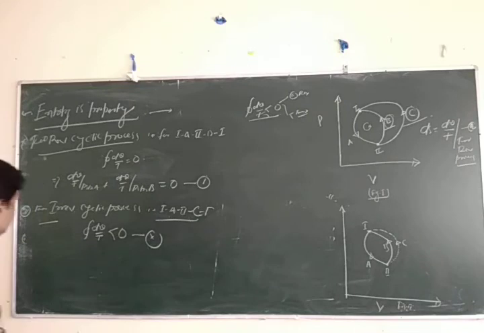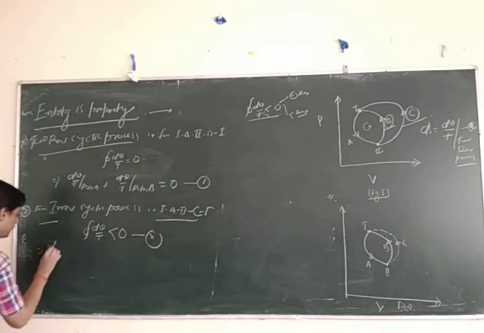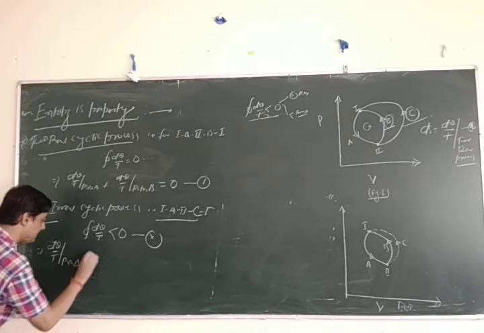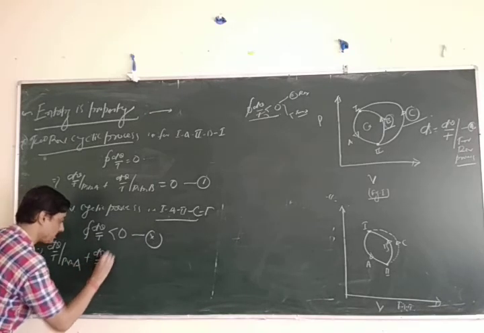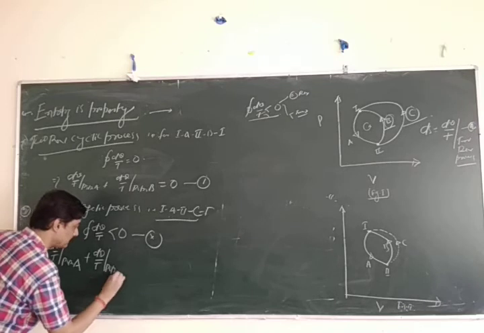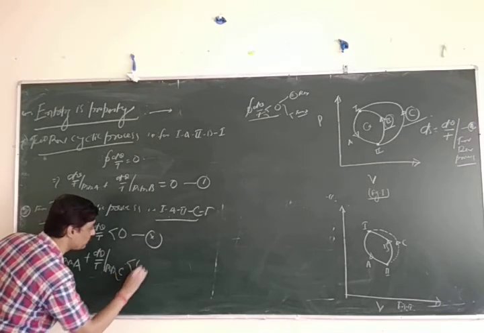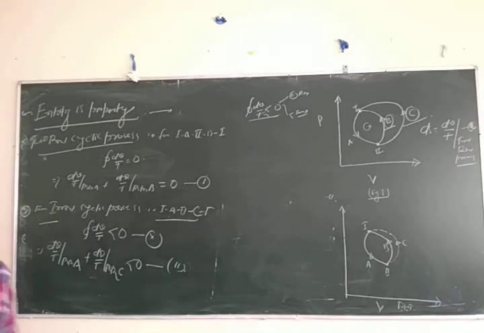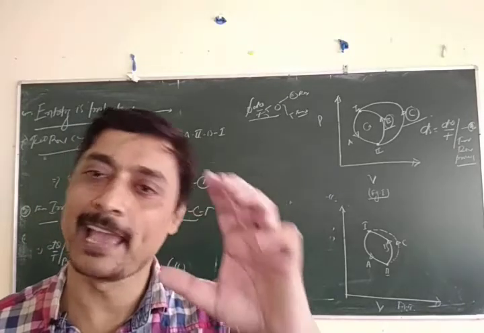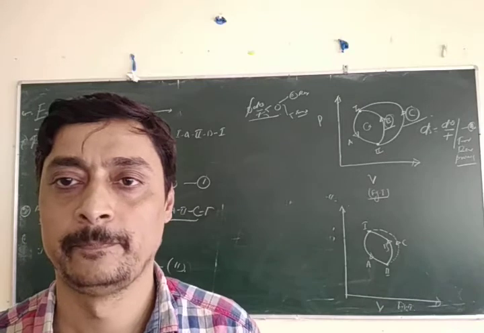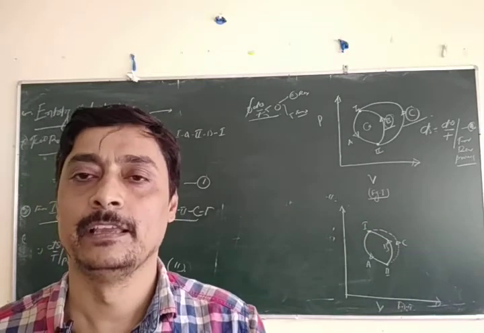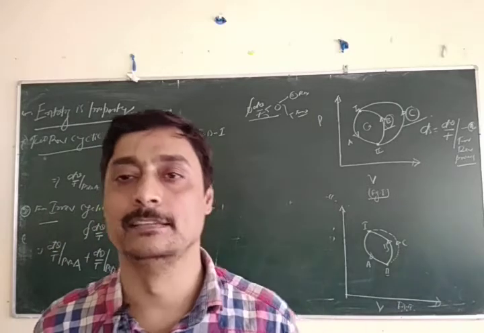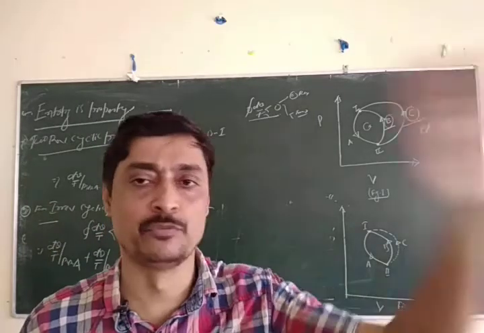That means dq by t for path A plus dq by t for path C is less than 0. Understand, this is a very interesting and important derivation. Quite interesting and easy. If you go through the basic concept, this derivation is very easy, so there should not be any confusion.